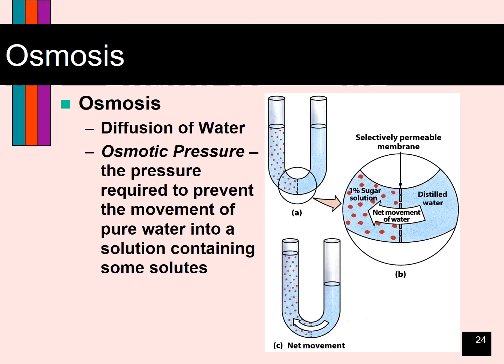And that water will move through that selectively permeable membrane until all of it moves through the selectively permeable membrane. Now, there is a way to prevent the movement of pure water into a solution containing some solutes, and that would be by osmotic pressure.